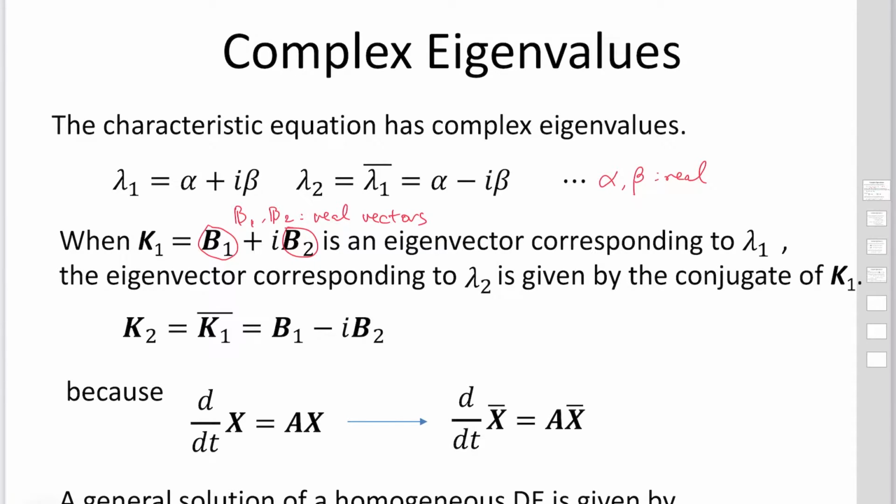The eigenvector corresponding to lambda sub 2 is given by the conjugate of k sub 1. So k sub 2 equals b sub 1 minus i b sub 2.